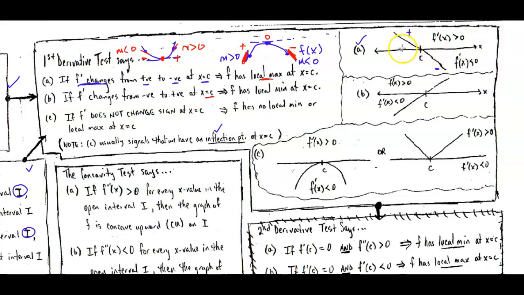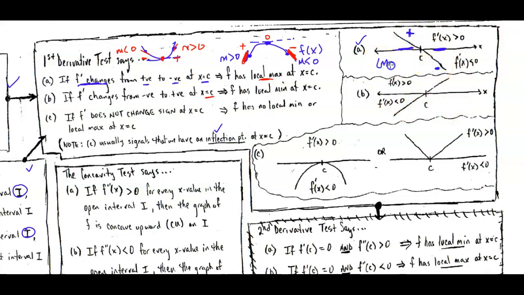So anytime the derivative lies above the x-axis, the original function was increasing, and anytime it lies below the x-axis, my original function was decreasing.